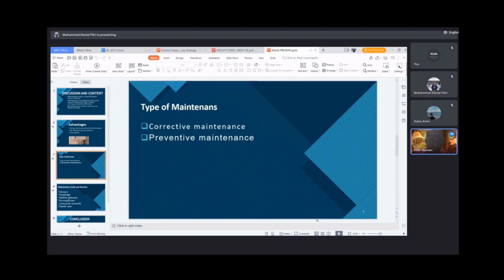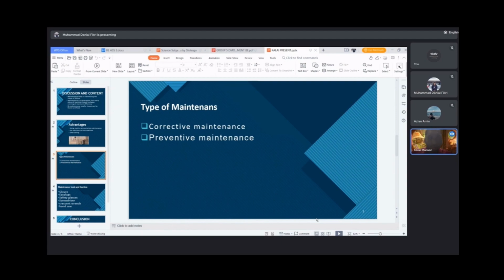Types of maintenance. There are two types: corrective maintenance and preventive maintenance. Corrective maintenance is to keep the equipment running smoothly so that it can perform its intended function.